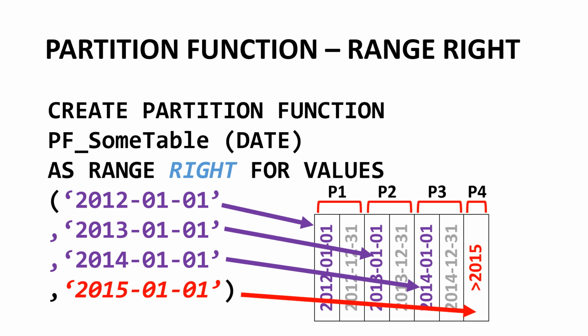Because the data type is date. So what's the max value that you can have in a date data type? It's probably like December 31st, 9999, right? So if you want to say now I need to go to 2016, like my expected range includes 2015, but I need to go to 2016, you need to split that last partition.